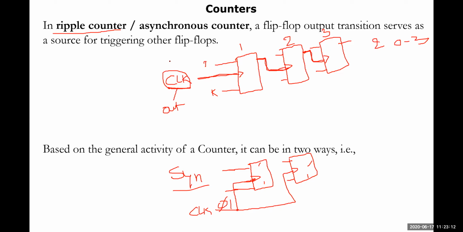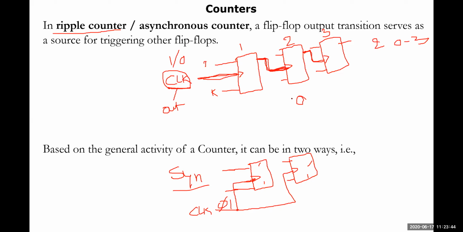Understand? So the first flip-flop works based on the external clock pulse here. If it is equal to 1, yes, it performs some operation. If it is equal to 0, the first flip-flop also does some kind of operation. And whatever the output of this first flip-flop, based on this output, the second flip-flop produces some kind of output. If it is 0, normally 0 will be there. There is no power, there is nothing there.